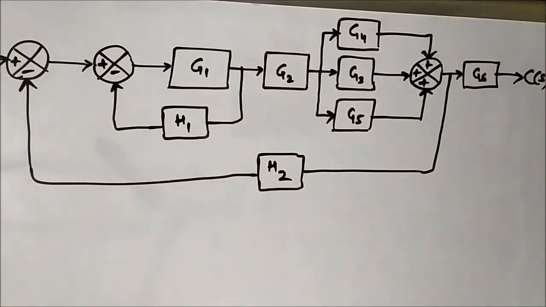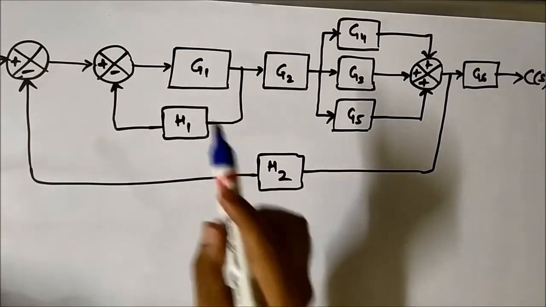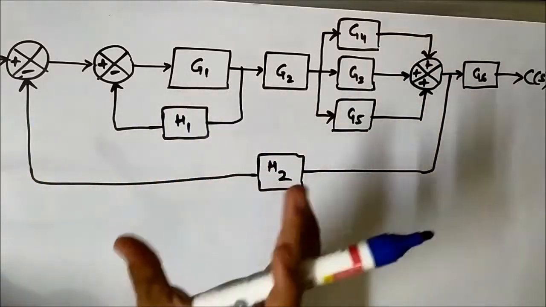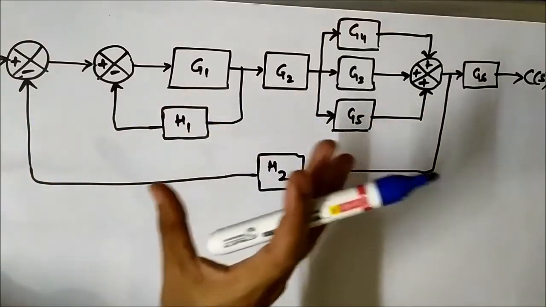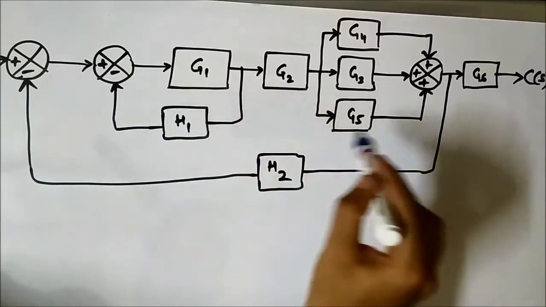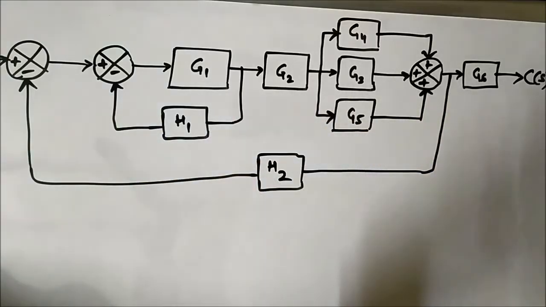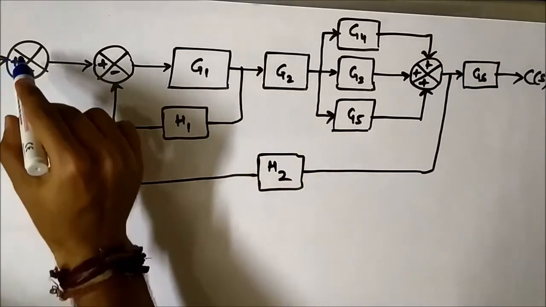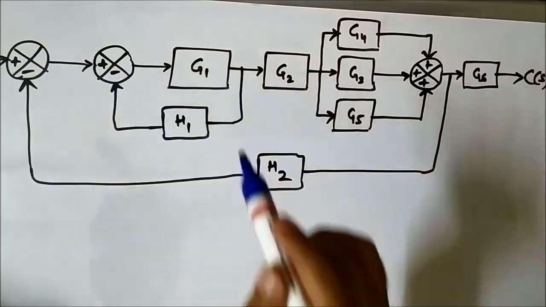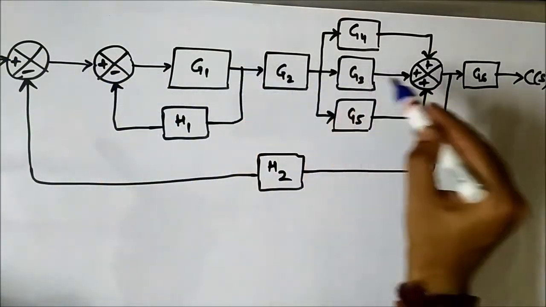First, the basic concept related to block diagram to signal flow graph, which states that the signal flow graph is actually a graphical representation of the block diagram. The nodes in the signal flow graph are either the summing points or the takeoff points.